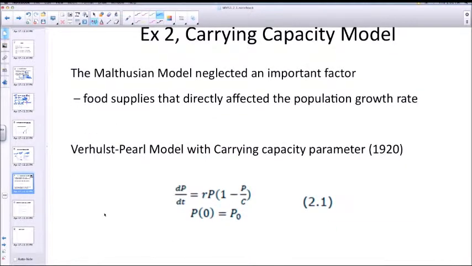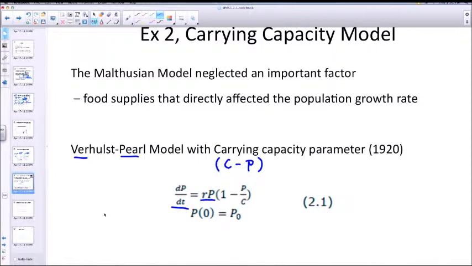Well, as an improvement to consider the carrying capacity, there's another person, Verhulst Pearl, who proposed a different model. You still have the change rate of the population related to the population itself, but after some point, it's also related to the difference between the carrying capacity and the population.